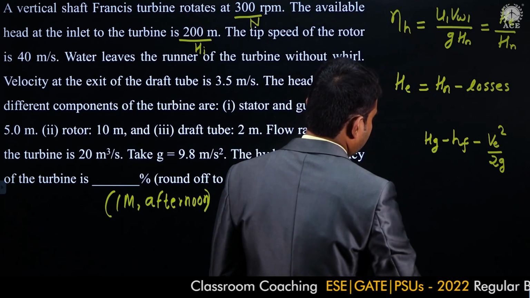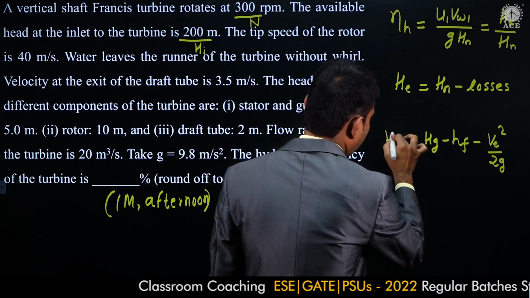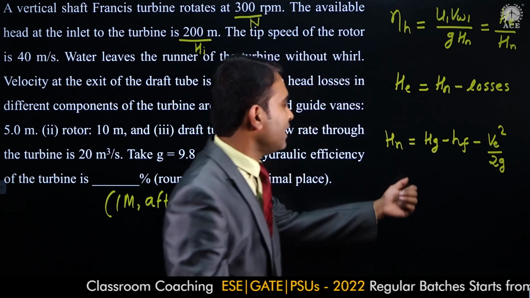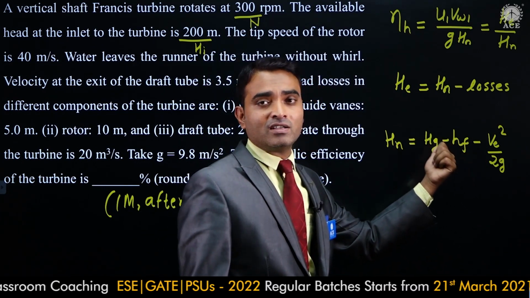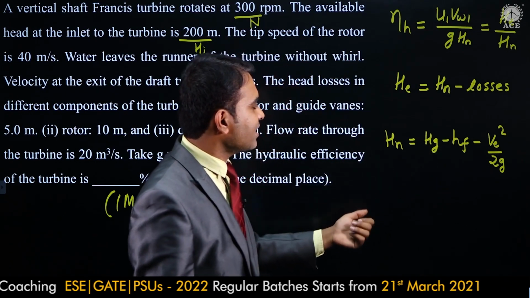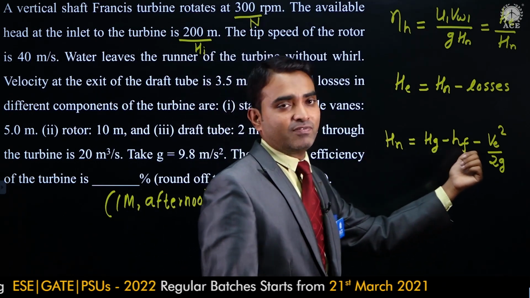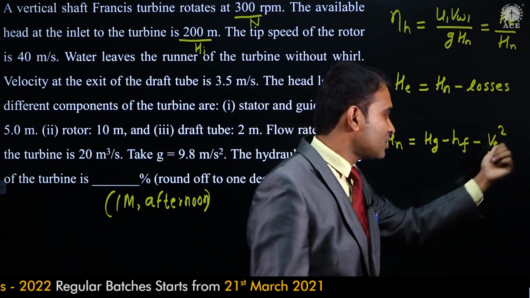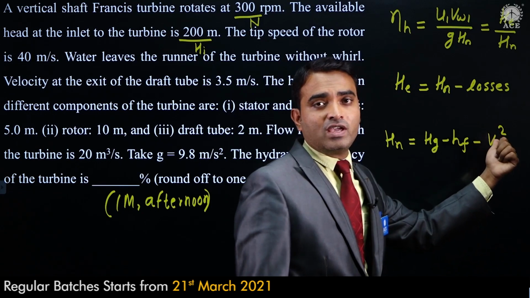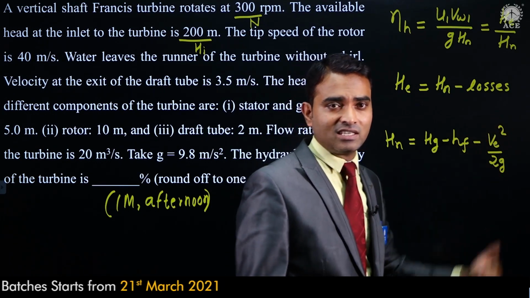In an impulse turbine, net head is simply gross head minus frictional head loss, where Hf is frictional head loss in the penstock. But in reaction turbines, net head is defined slightly differently: Hg minus Hf minus VE squared by 2G. What is this VE? VE is the velocity at the exit of the draft tube.